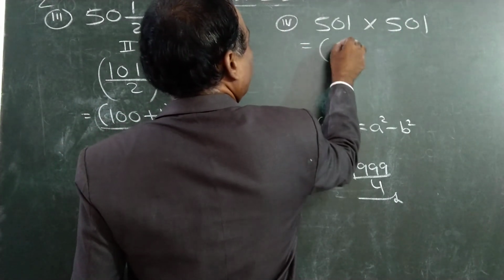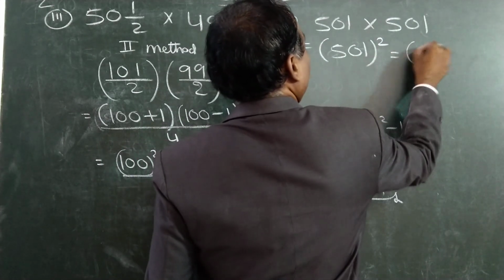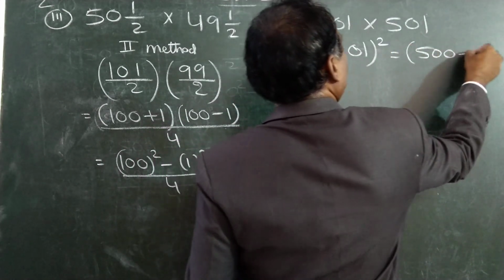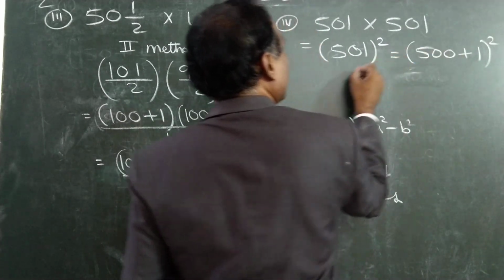501 by 2, 501 by 2, 501 by 2 whole square. 501 can be written as 500 plus 1 whole square. Apply the a plus b whole square formula.